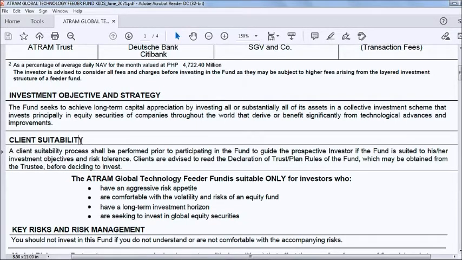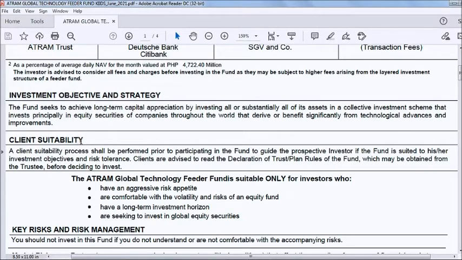But specific to the ATRAM Global Technology Feeder Fund, it's stated here: a client suitability process shall be performed prior to participating in the fund to guide the prospective investor if the fund is suited to his or her investment objectives and risk tolerance. Clients are advised to read the declaration of trust or plan rules of the fund, which may be obtained from the trustee before deciding to invest.